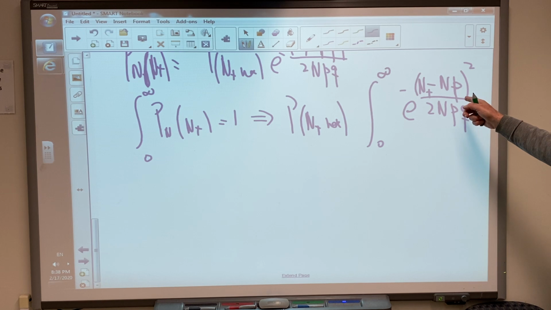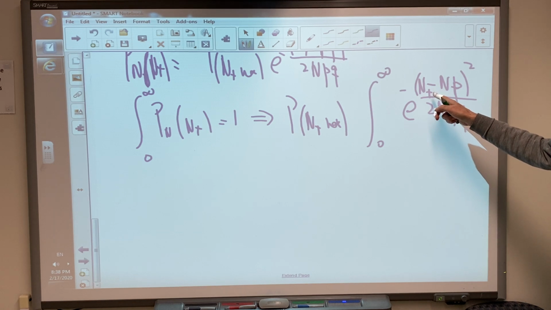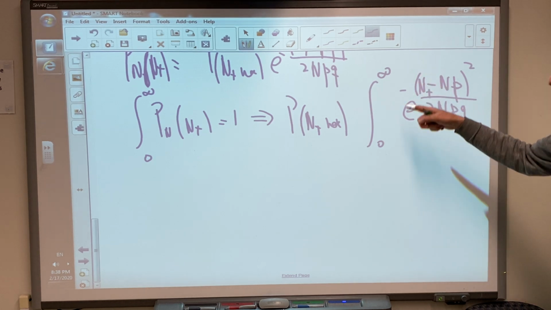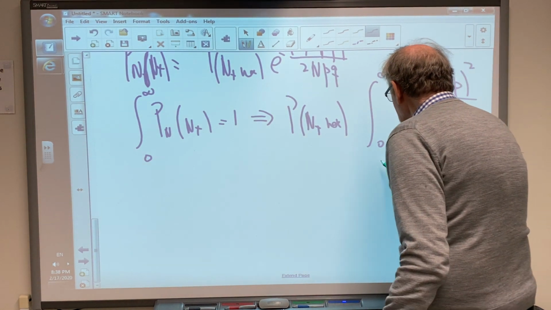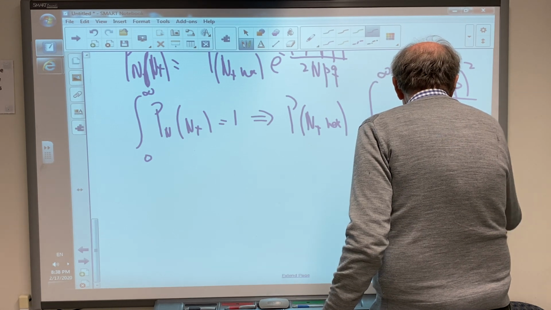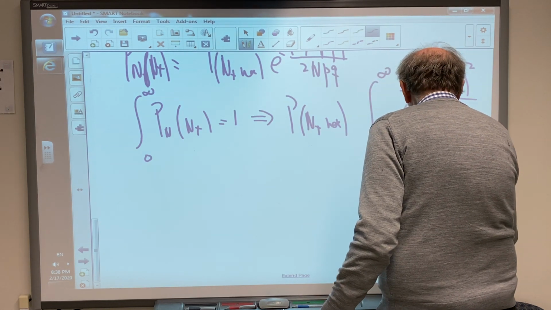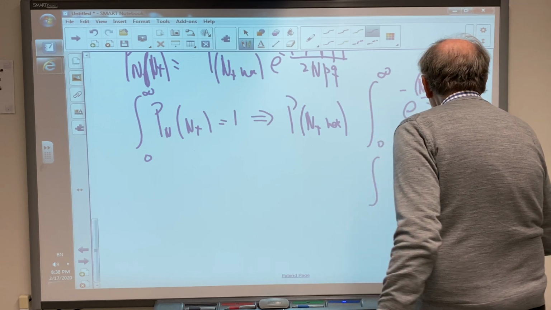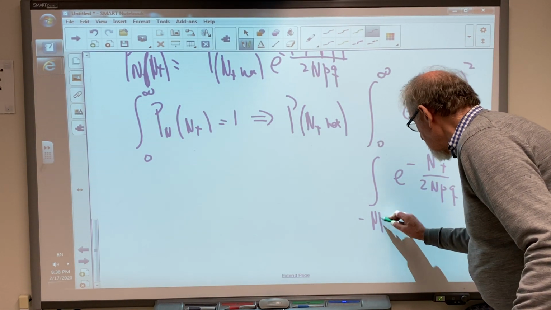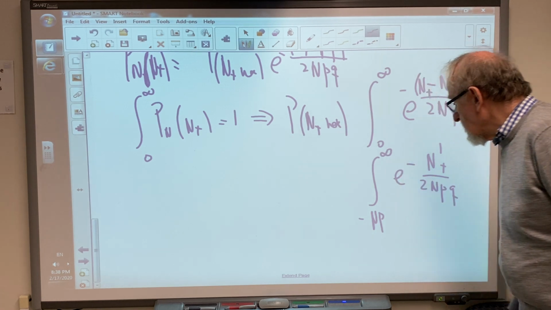And these integrals, that's why we learn to calculate Gaussian integrals, okay? Instead of integrating in n plus, I will integrate in n plus minus np. So this will be the integral of e to the minus n prime plus squared over 2npq, and now I go from minus np to infinity.